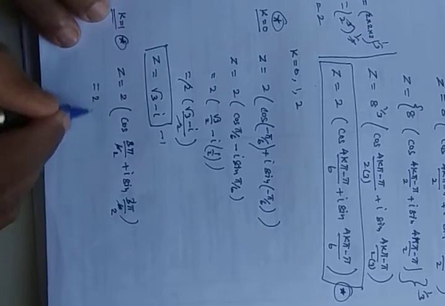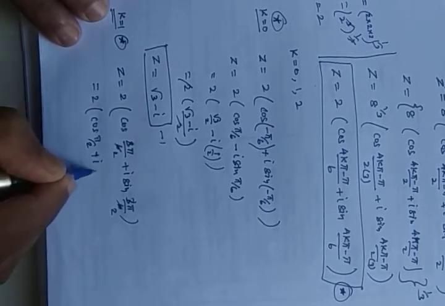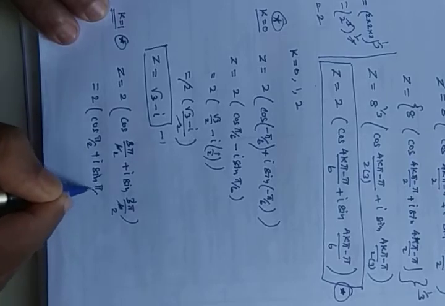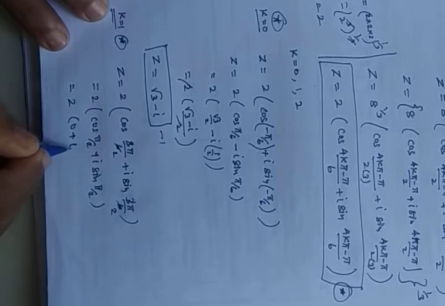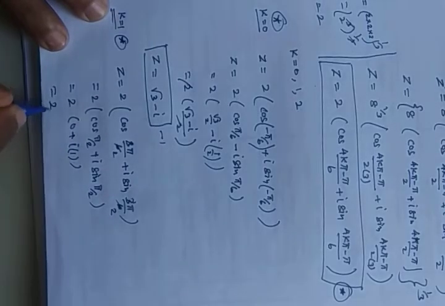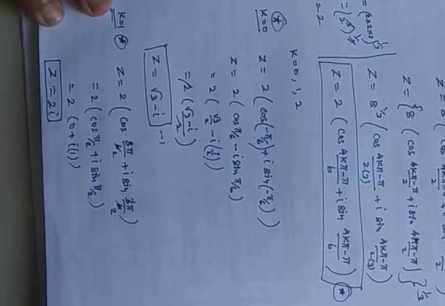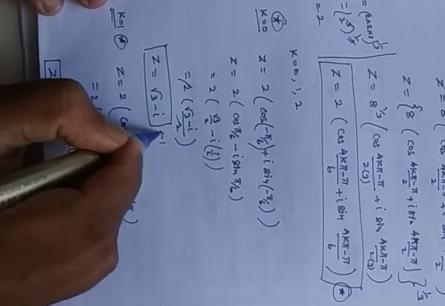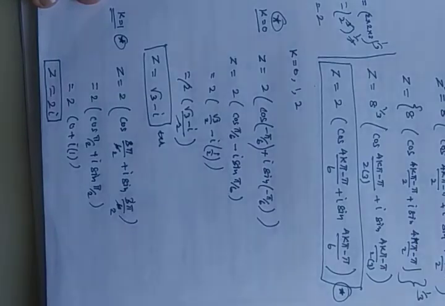So what you are getting: 2 into cos 90 plus i sin 90, that is pi by 2. As you know, cos 90 is 0, so therefore 0 plus i sin 90 is 1, so therefore 2 into i, 2i will come. That is your z value. So this is another one. This is not 1, we could say it's unity only, but it's an equation, that's why we can't do this one.